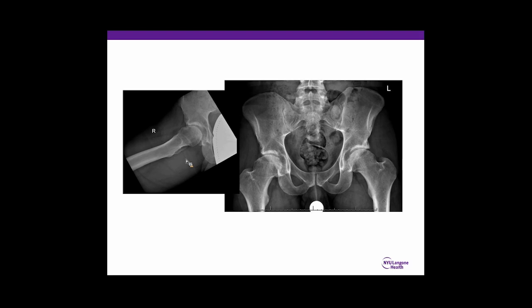Both of them failed. As you could tell, he had failure of resection of a very large cam lesion, and he had labral repair. He continued to have significant groin pain, and on top of that, he does martial arts, and he felt that every time he would pivot on that right leg, it would give out on him.